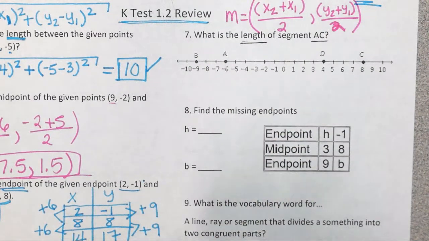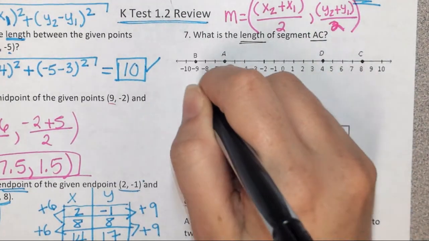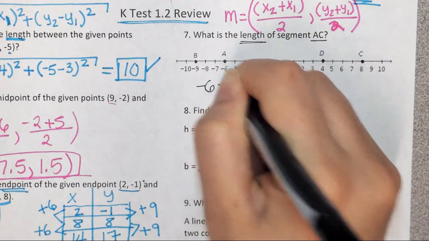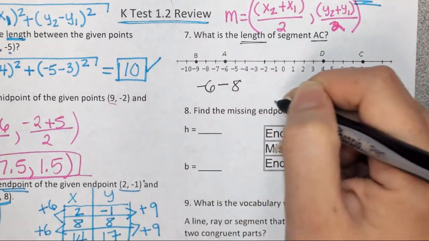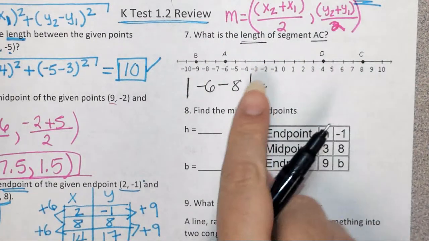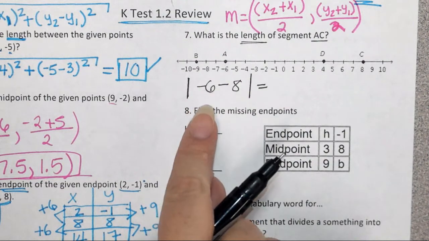So all you need to do when you're on a number line is just subtract the values. So A is at -6 and C is at 8, so I'm going to subtract them. Now, in geometry, when we're finding length it always needs to be positive.